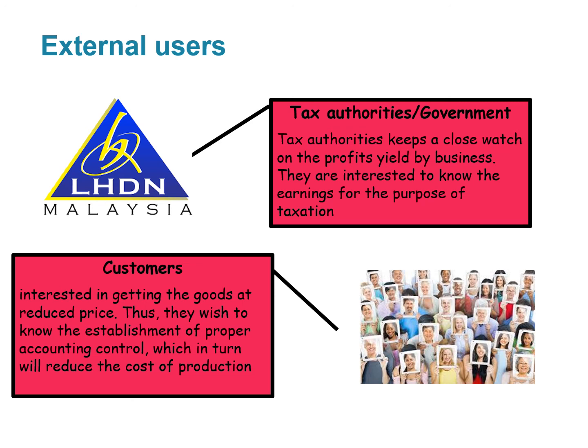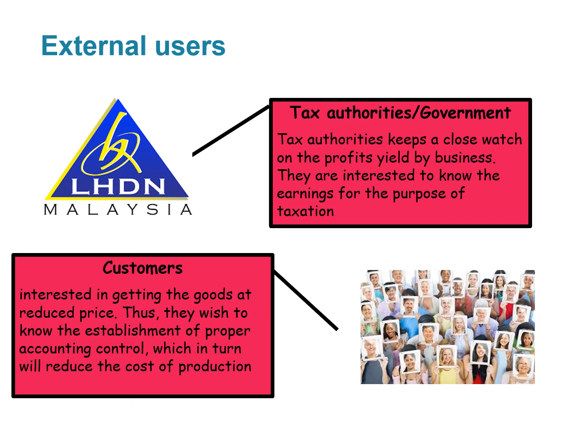Last but not least, the customers out there are also interested to know about the financial information of a business because they are interested in getting the goods at a reduced price. They wish to know the establishment of proper accounting control, which in turn will reduce the cost of production.